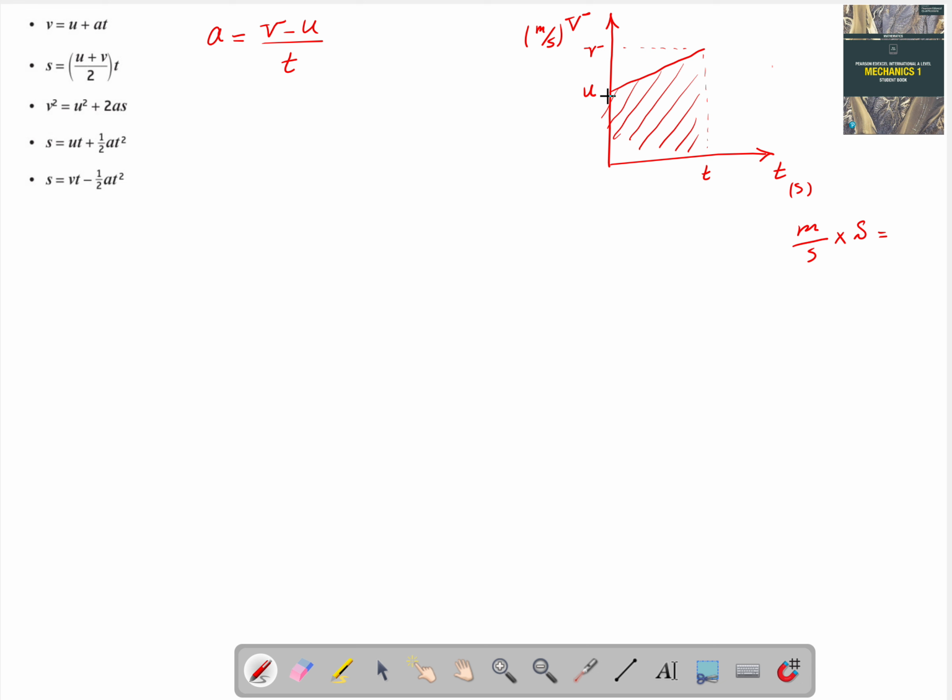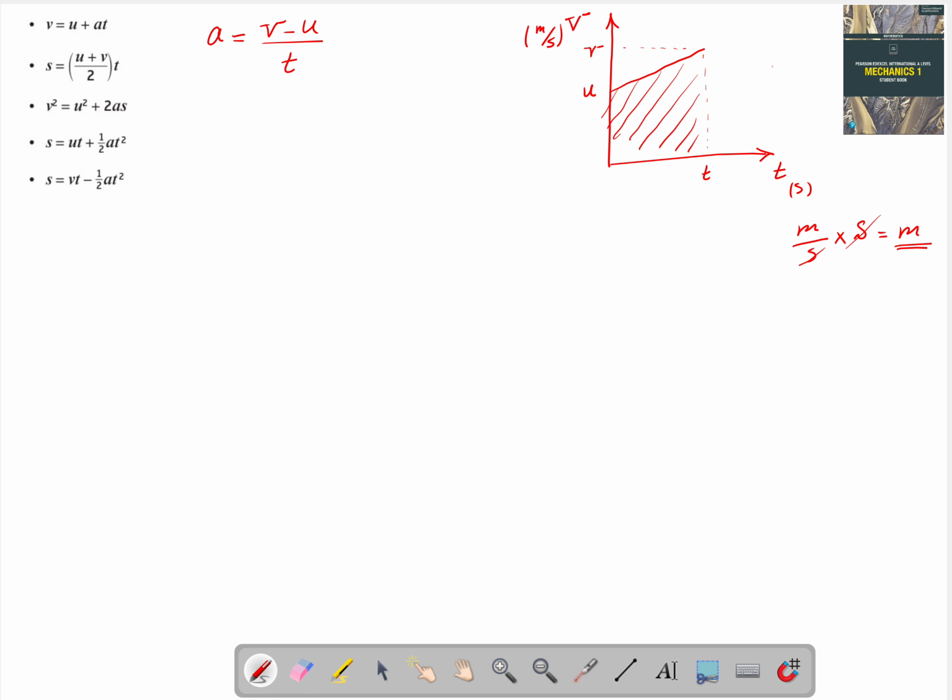For example, 2 meters per second multiplied by 2 or 3 seconds. Since you multiply these numbers, you will find something in the unit of meter. So the seconds will be cancelled actually. So it means that the number that you find is something in the unit of length.